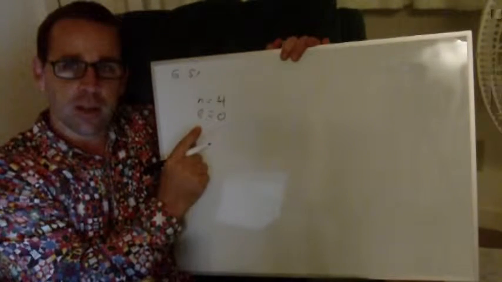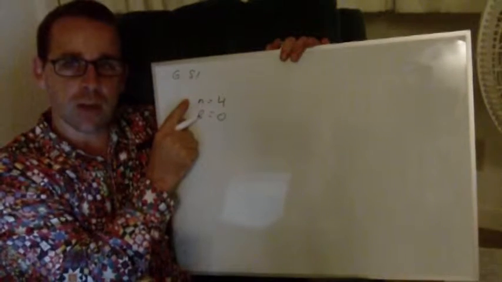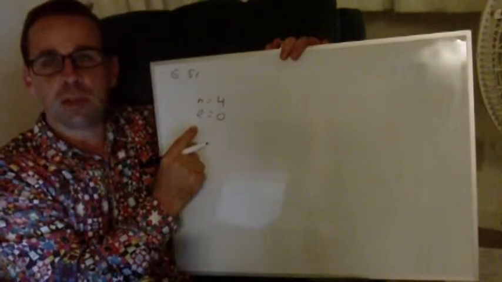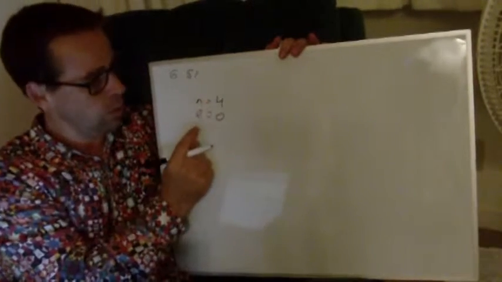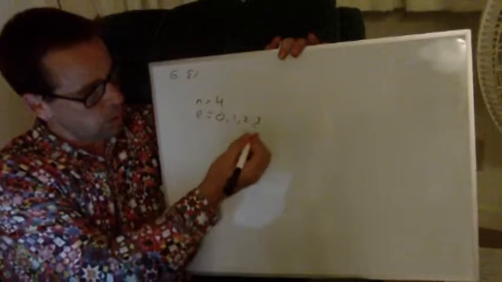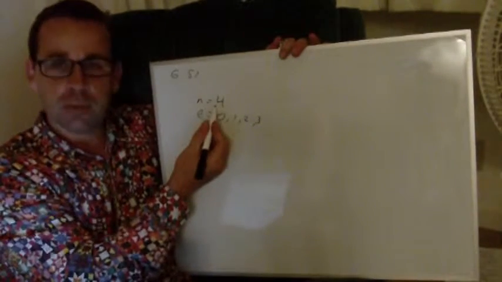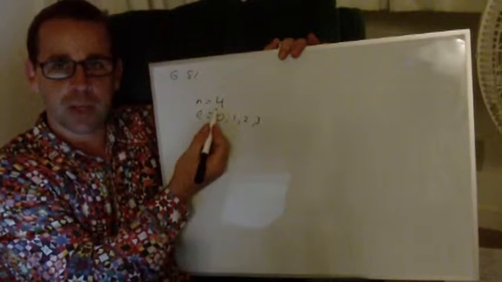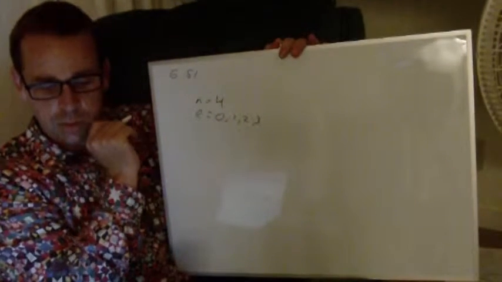Another thing about the L values, the number of possible L values is always equal to the n value. So the number of possible L values here is 4 because n equals 4. So the values can be 0, 1, 2, or 3. L value can never equal n. Alright? So if n equals 4, L can be either one of those values.